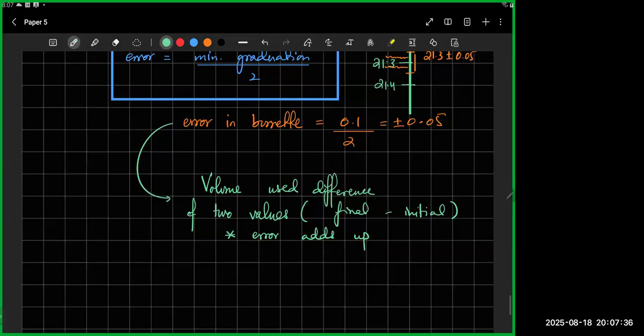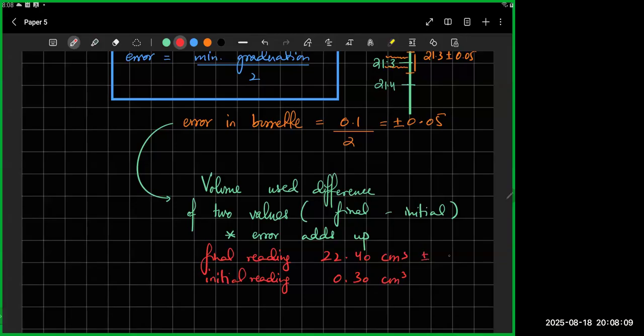तो burette के अंदर, for example, if my final burette reading is let's say 22.40 cm³ and my initial burette reading is 0.30 cm³.